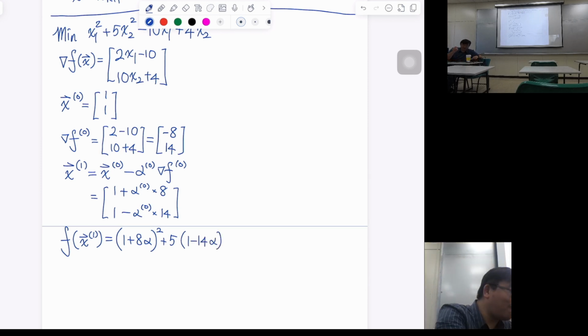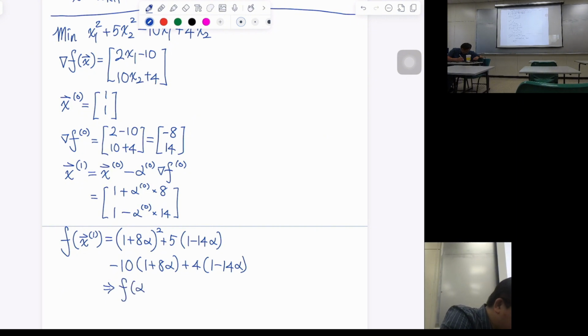Oh, by the way, my alpha looks very much like my 2, so be aware. And then minus 10 times 1 plus 8 alpha plus 4 times 1 minus 14 alpha. You notice that it becomes a function of alpha. This is becoming a function of alpha 0, or just a function of alpha, right? And we will begin to do the line search with this f of alpha.